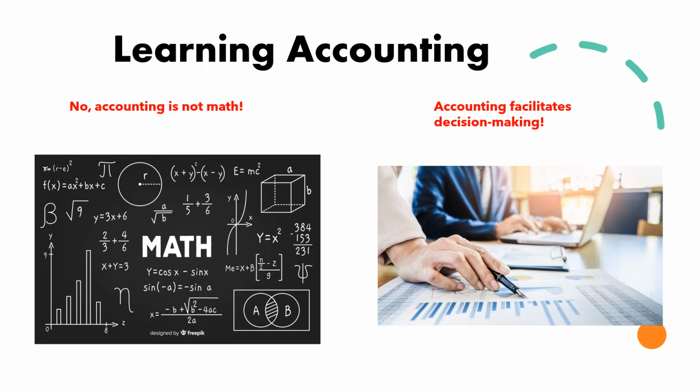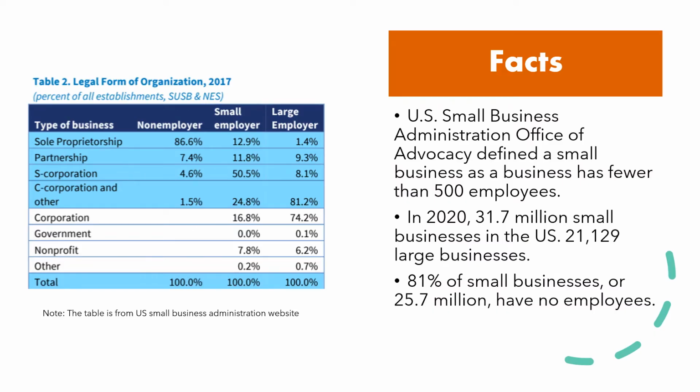There are many types of entities out there. Let us first talk about different types of entities. The U.S. Small Business Administration defines a small business as a business that has fewer than 500 employees.